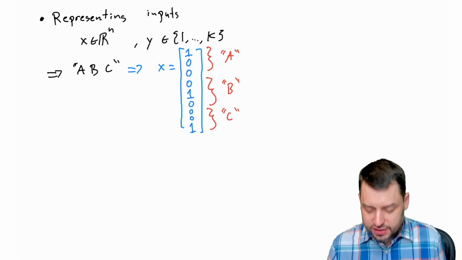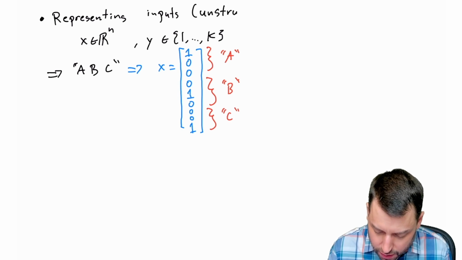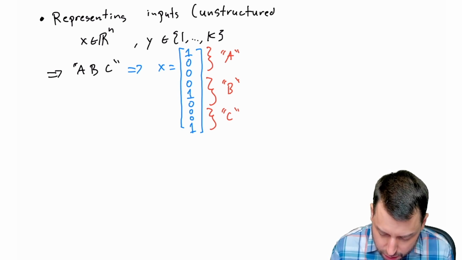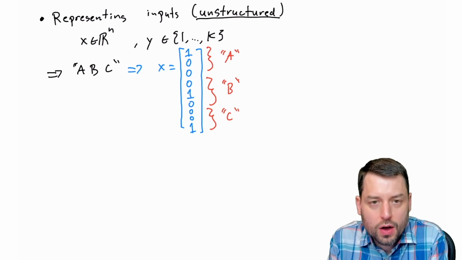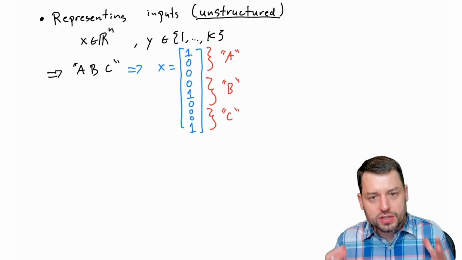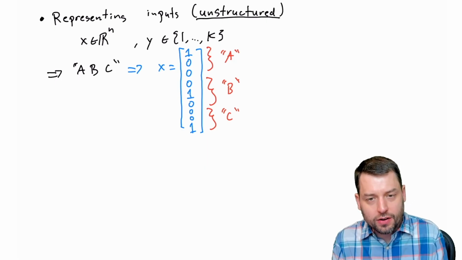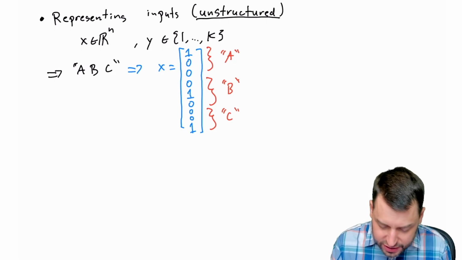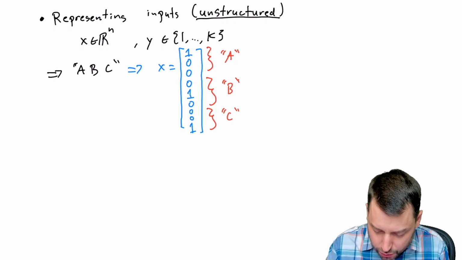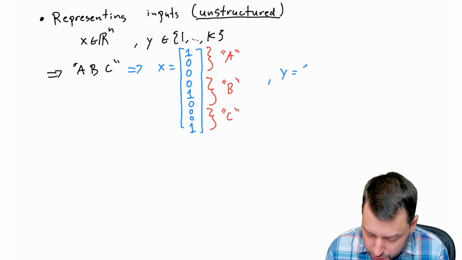And so in fact, this is what we would call an unstructured way of representing our inputs, right? Because we take our entire input sequence and we just represent it as a great big vector that represents our entire input. Of course, in this case, if our output was just the letter A, our output would just be equal to 1, right?